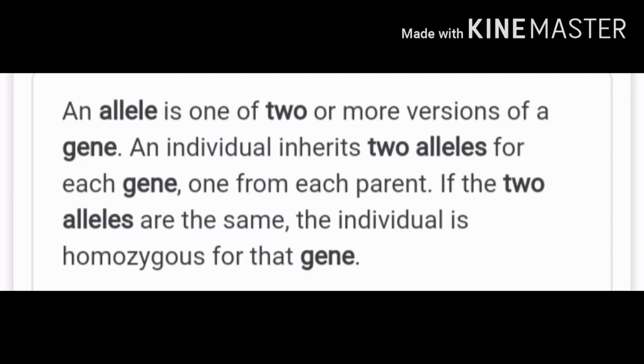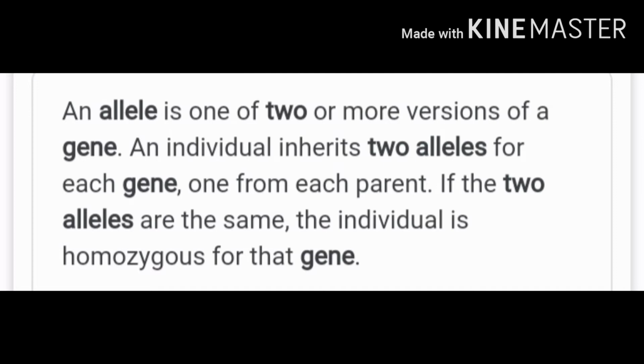How can we define it? An allele is one of the two or more versions of a gene. An individual inherits two alleles for each gene, one from each parent.